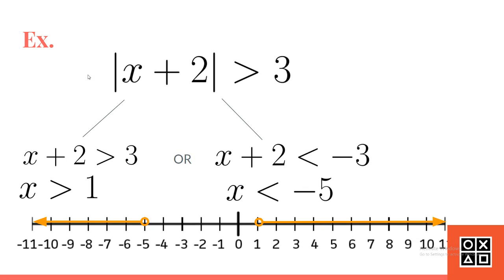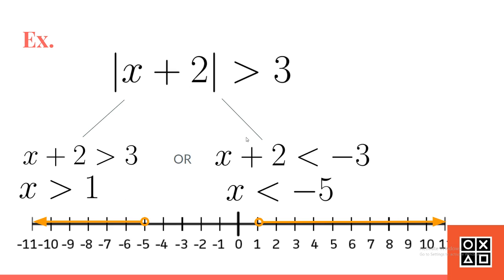Another example we have here is the absolute value of x plus 2 is greater than 3, and this can be turned into two separate inequalities. Right here we have just the absolute value taken away, which gives you x is greater than 1.